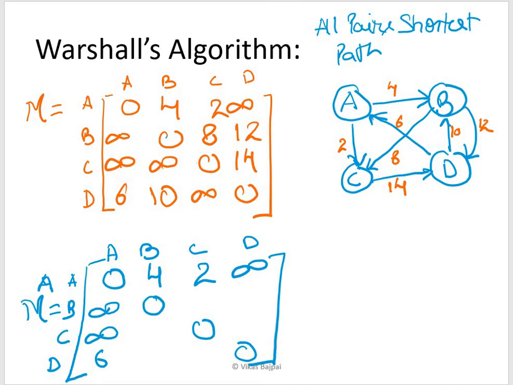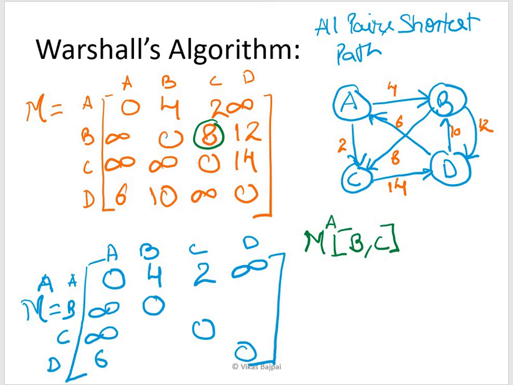And for this particular thing, which is M of A, B comma C, I need to identify whether something else is also there or not.